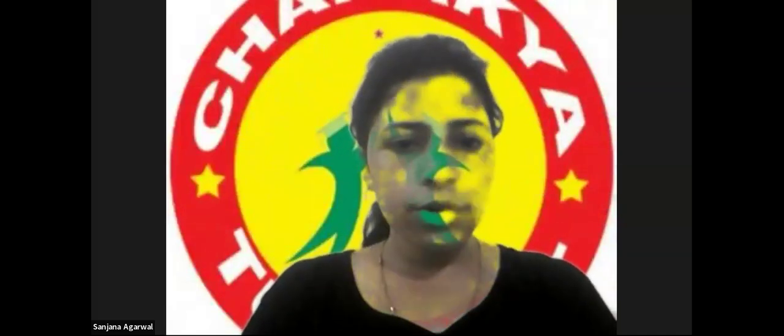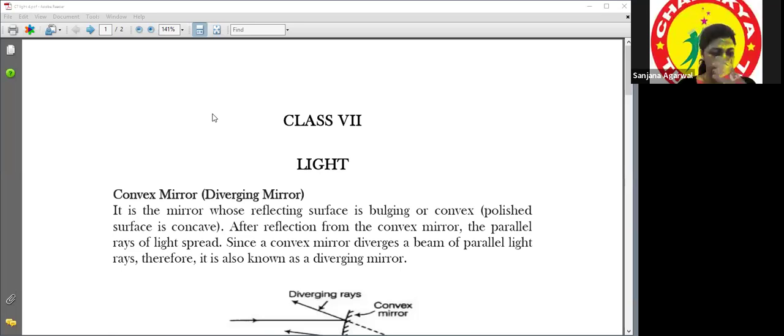Now, first, we are going to see how multiple reflection takes place. Then we'll move to convex mirror. Hold on. Yeah.